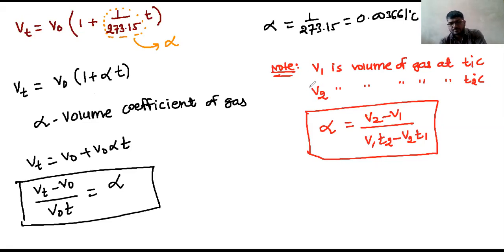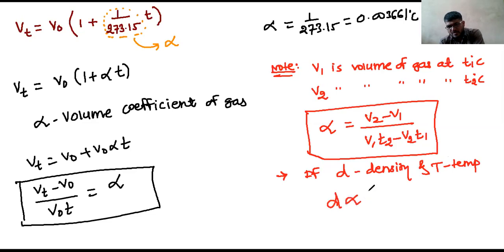Now see here, if D is the density of gas and T is the temperature, then density is inversely proportional to temperature. Yes or not? As the temperature increases, density decreases, and as the density increases, temperature decreases. Vice versa, inversely proportional.